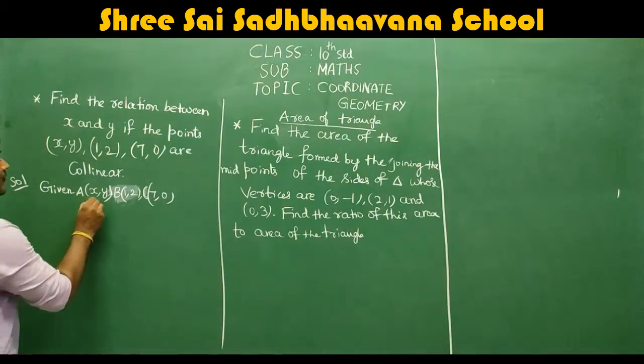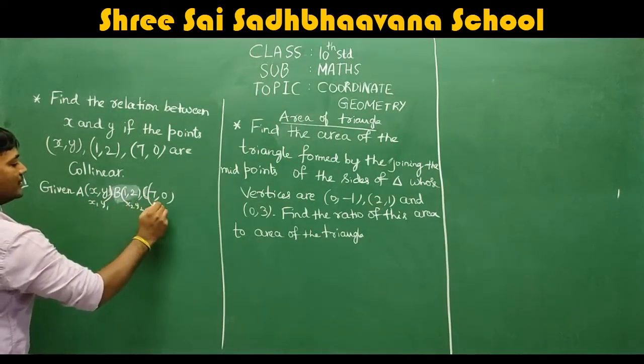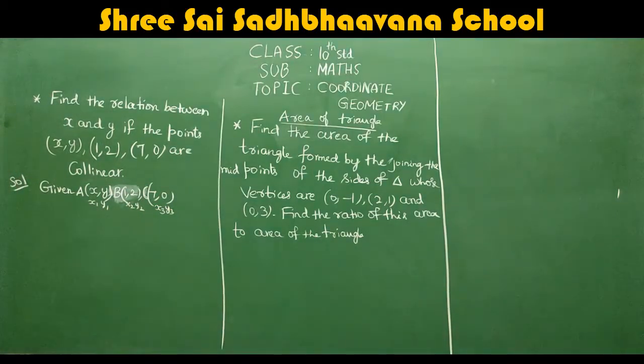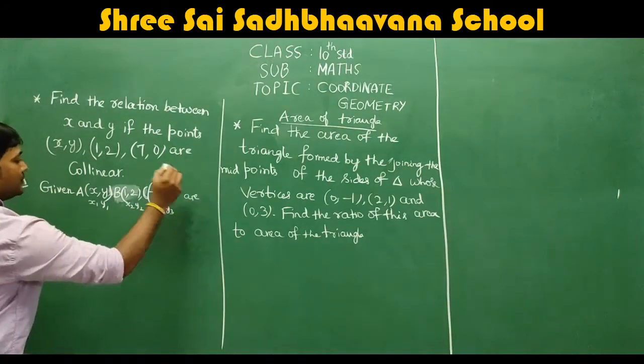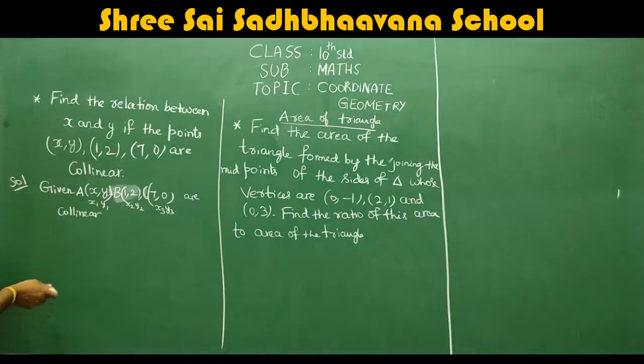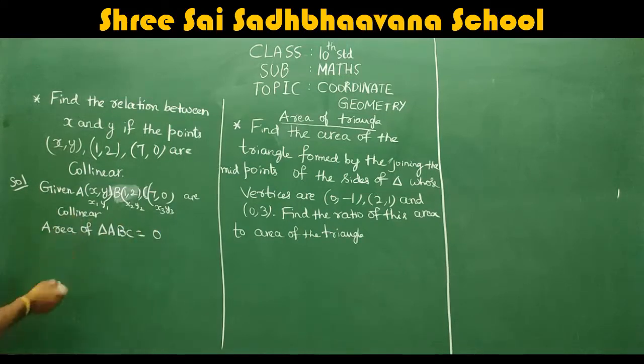As I told you, with the pencil, under that you write down x1, y1, x2, y2, x3, y3. Given these three points are collinear, correct? Given A, B, C are collinear. So if they are collinear, the area of triangle ABC should be equal to 0. This was the condition we discussed in the last class.